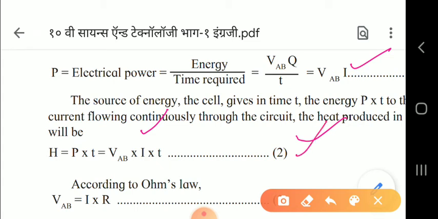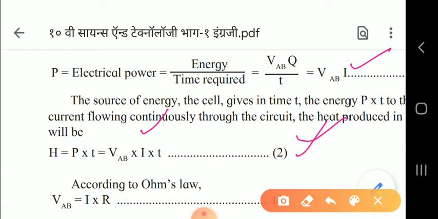Now the source of energy, the cell, gives in time t the energy P into T to the resistor. If I is the current flowing continuously through the circuit, the heat produced in the resistor in time t will be H is equal to P into T, that is equal to VAB into I into T. That is the equation number 2.